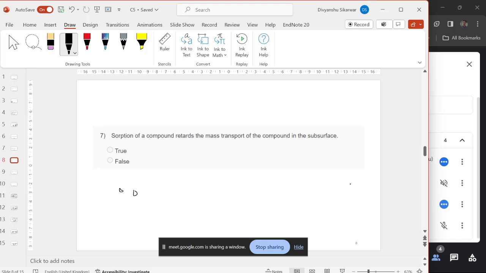Similar lines of concept. I think it is true, sir.